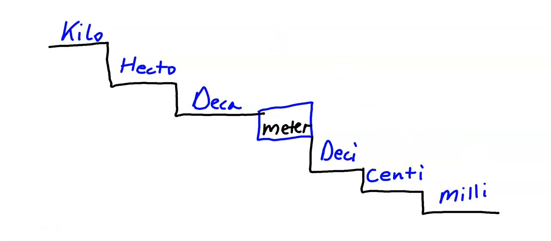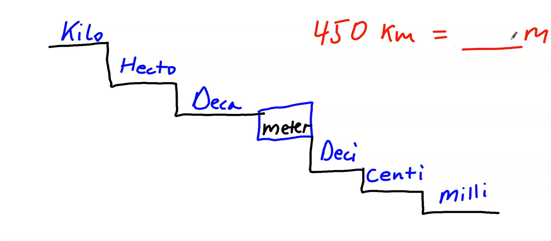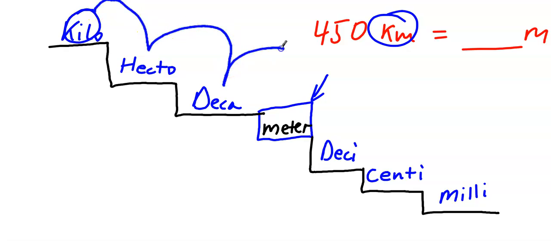Let's do a different question. Let's say I have 450 kilometers, and I want to know how many meters that is. How many meters is 450 kilometers? First thing we're going to do is find the km, kilometers. So kilometers are here. I'm starting here. I want to go to meters. Meters are there. So I'm starting with km, and I'm going 1, 2, 3 to become a meter.